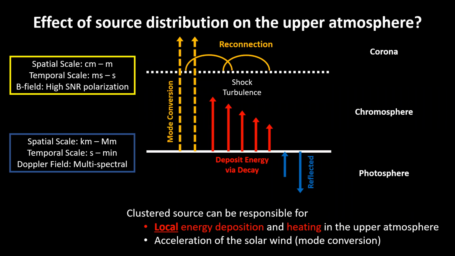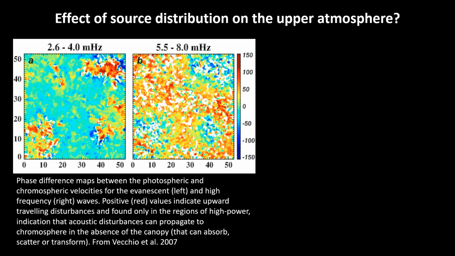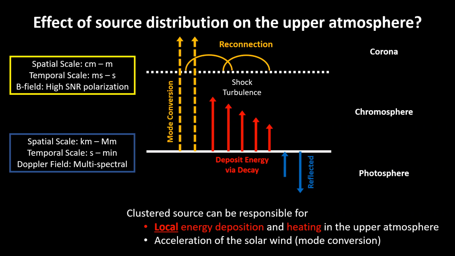So I think now we have the DKIST. We would be able to analyze these things in much more detail, and we can use this analysis technique with its full capability.